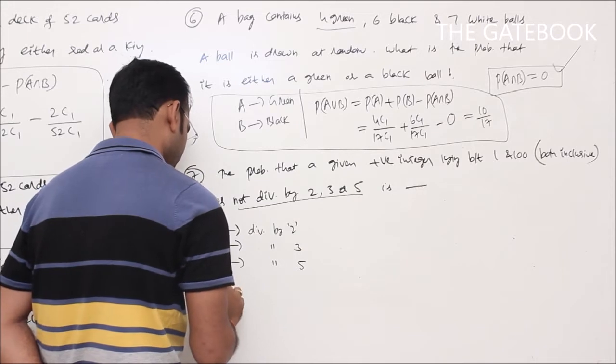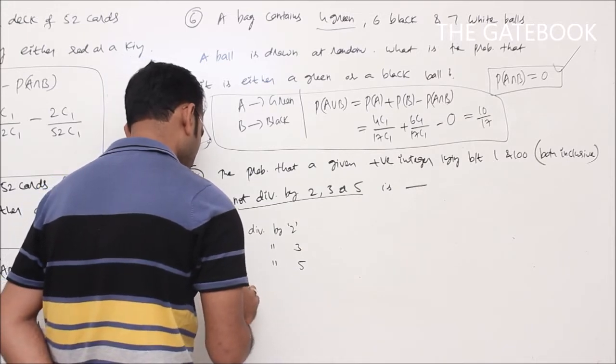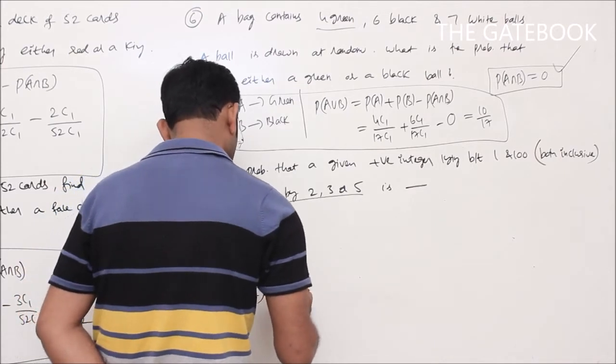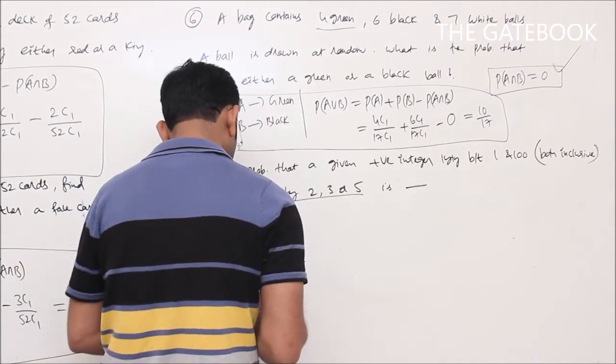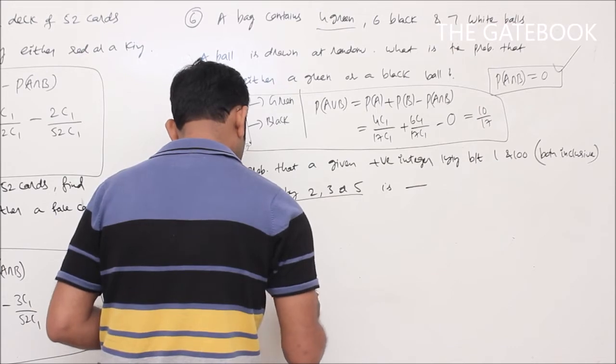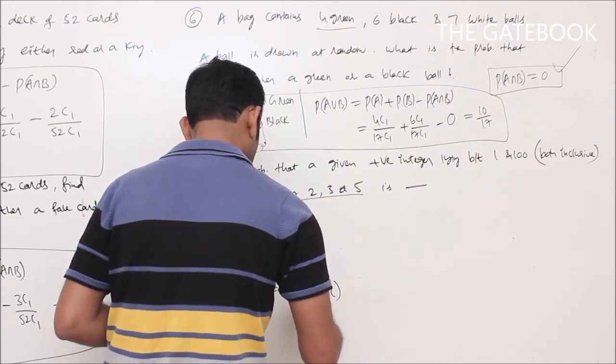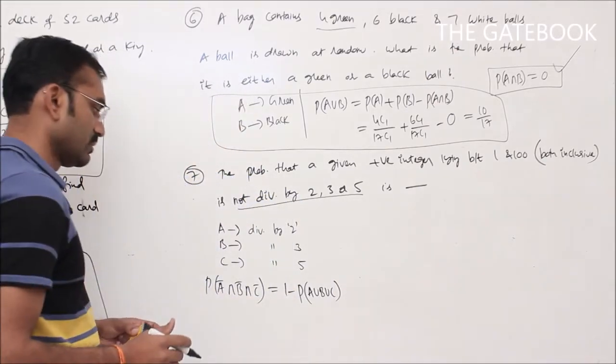I can write P of A bar intersection B bar intersection C bar, that is equal to 1 minus P of A union B union C, using properties.